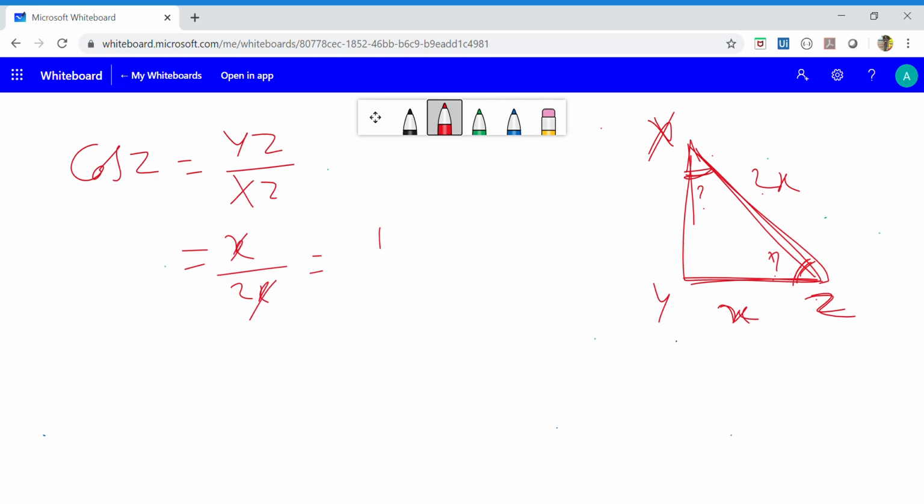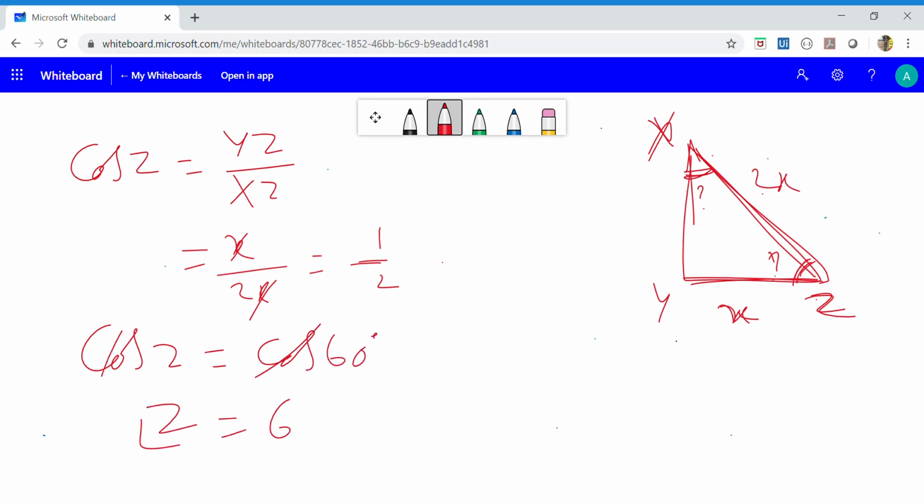The x's get cancelled, giving 1 by 2. 1 by 2 is cos 60 degrees. So cos Z is equal to cos 60 degrees. Cos gets cancelled, Z is equal to 60 degrees. If Z is 60 degrees, what is angle X? Angle X is 30 degrees by the angle sum property.